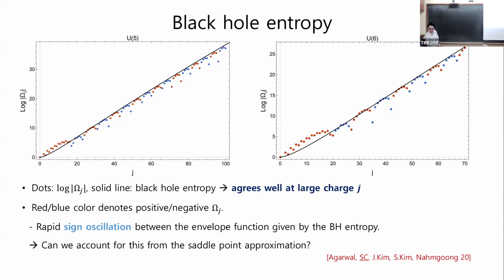Is it that at very large N, all the states will be bosonic? No, there will be regions where bosons dominate and then fermions dominate and so on. The width of the bump seems to be proportional to N, but the black hole charge is usually proportional to N squared. So compared to the black hole charges, it is a very small region.